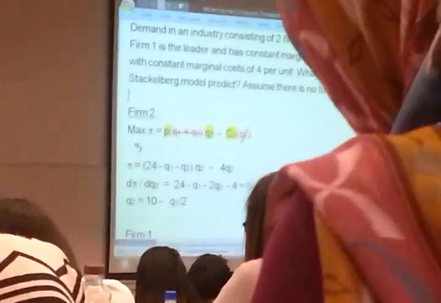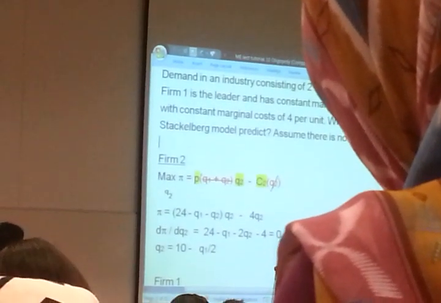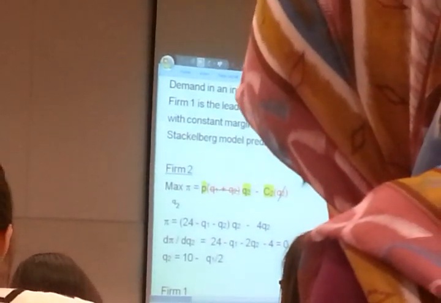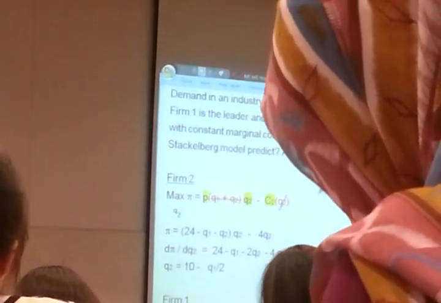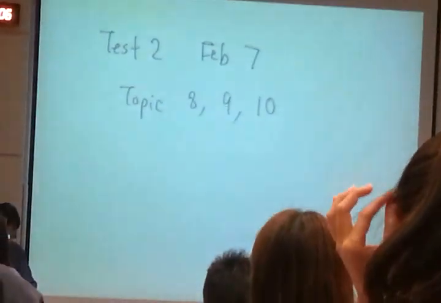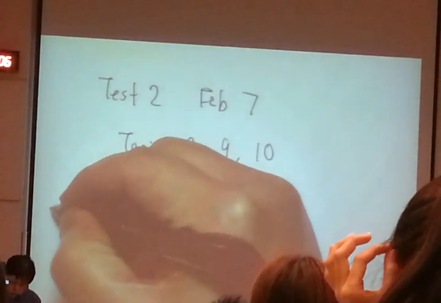Okay. Now Q2 minus total cost. Total cost is equal to how much? How do you find total cost? Okay, so to find total cost, let me use mathematics again.